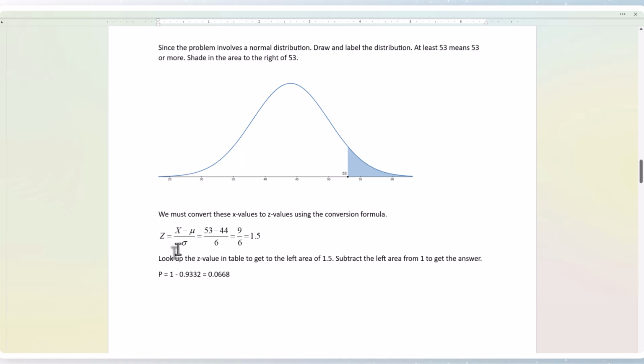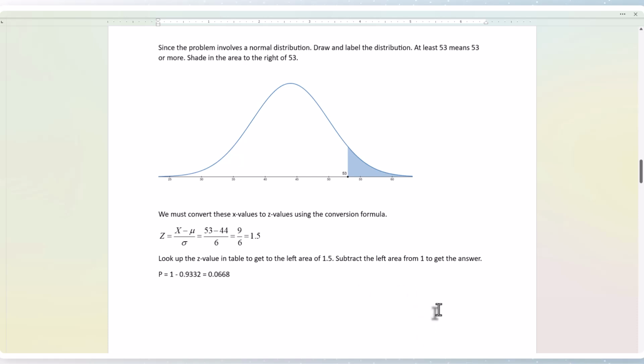We next convert 53 to a z-value. So we have 53 minus the mean of 44 divided by standard deviation of 6. That's equal to 1.5. So remember, when we look up 1.5, it gives us the left area. To get the right area, we take 1 minus the given area.